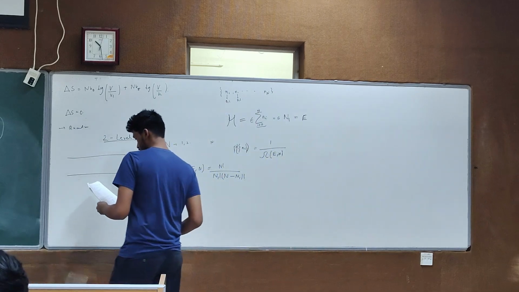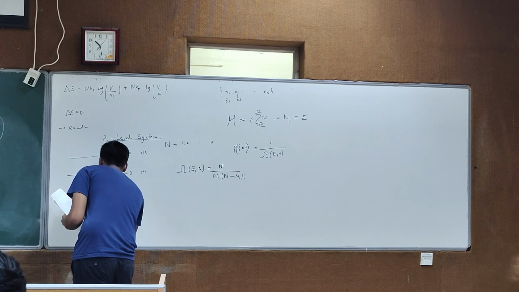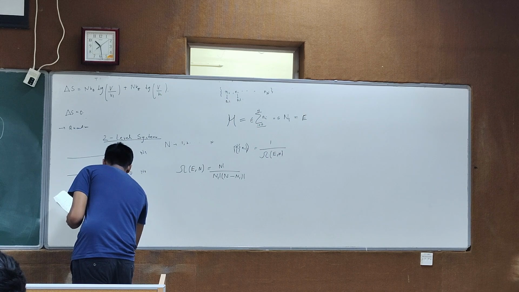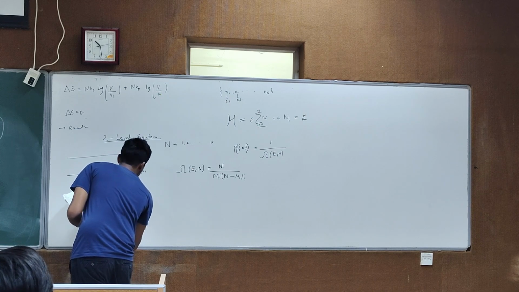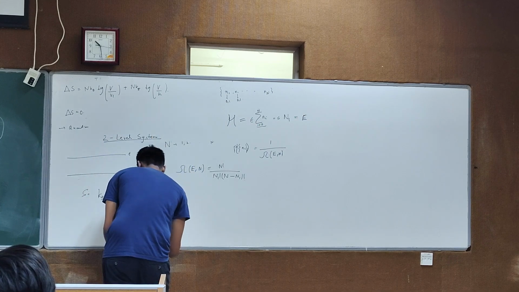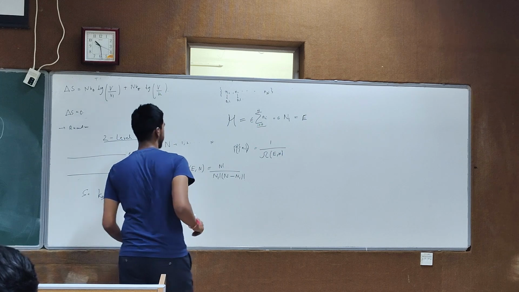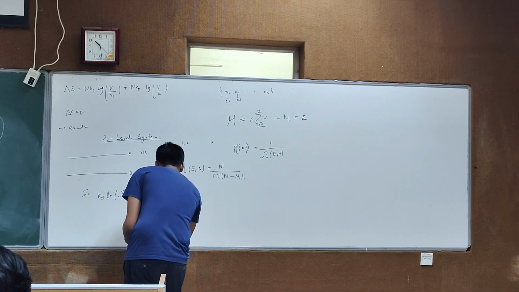And your S is basically Kb log of omega. Which, if you apply the Stirling approximation, you get this.